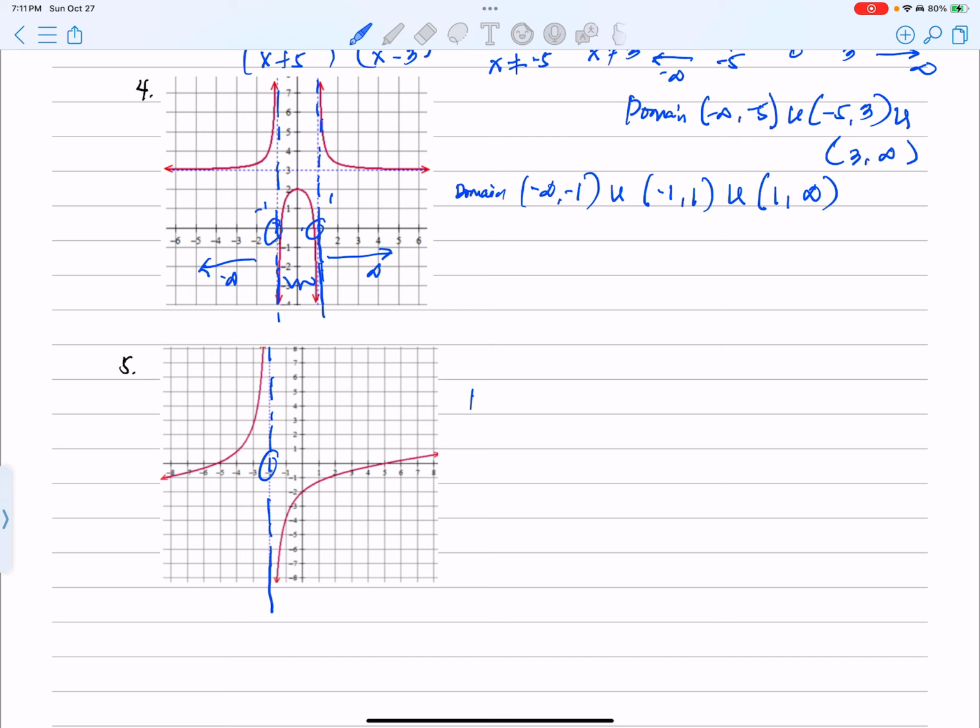So our domain would be, this is the positive infinity and negative infinity. So we have the interval from negative infinity to negative 2, right? And from negative 2 to positive infinity. Okay, that's it.